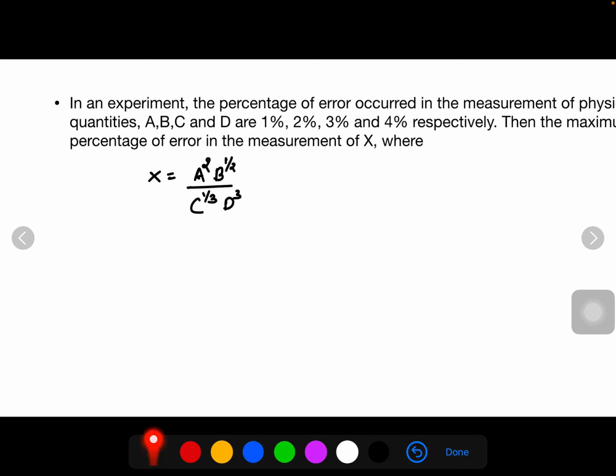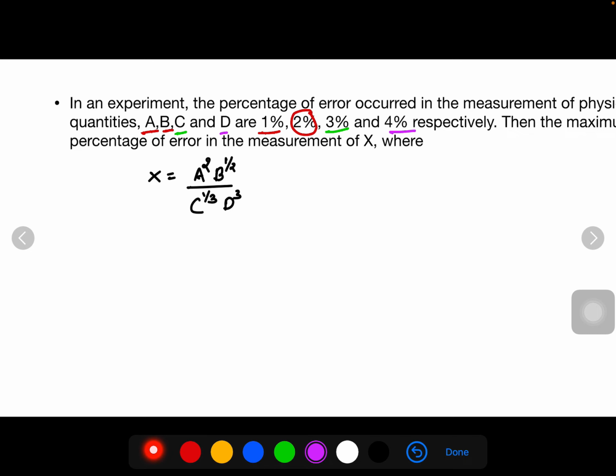Here, in an experiment, the percentage of error occurred in the measurement of physical quantities is as follows: while measuring the quantities, for A it is 1%, for B it is 2%, for C it is 3%, and for D it is 4% respectively.